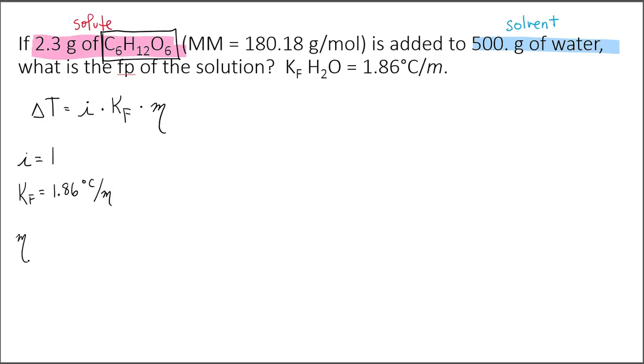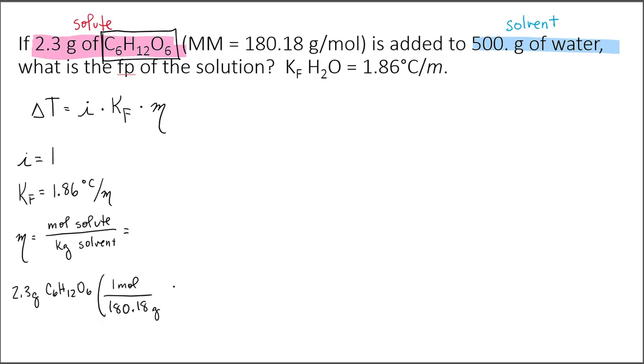The molality of this solution is moles of solute divided by kilograms of solvent. So let's figure out the molality. We have 2.3 grams of the C6H12O6. We know that there's 180.18 grams in every 1 mole of that sugar.